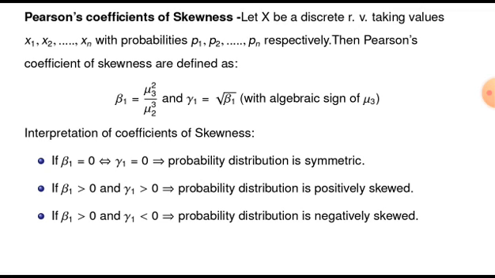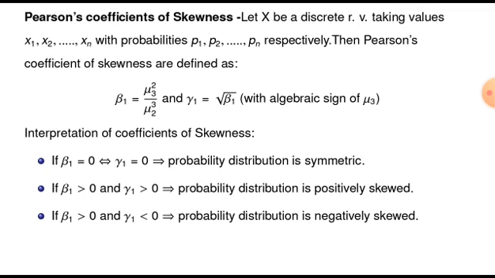So we can take further, to make the unit of measuring skewness, the square root of this beta 1.